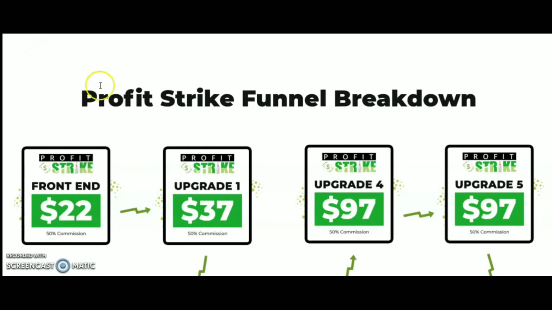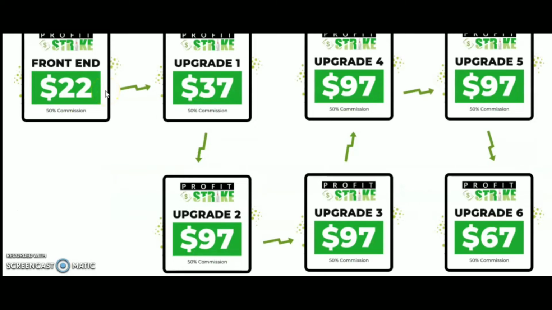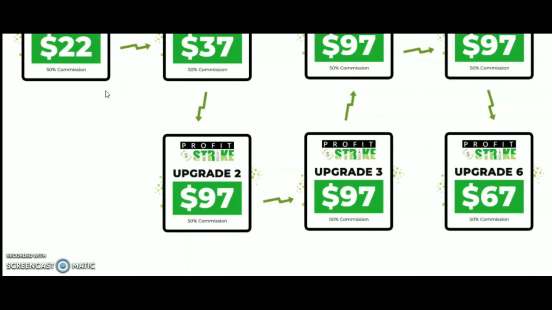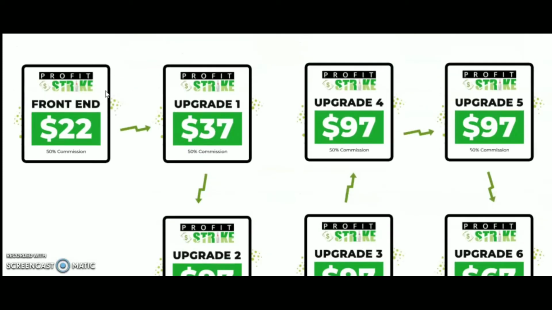Upgrade number 2 is for $97. Upgrade 3 is for $97. Upgrade 4 is for $97, upgrade 5 is for $97 and upgrade 6 is for $67. So these are the front end and the upgrades of this product called Profit Strike.